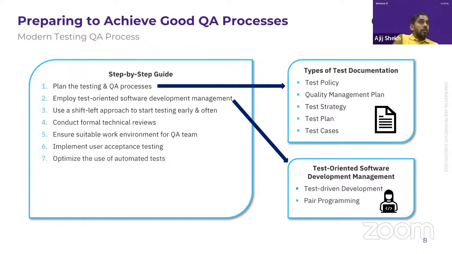Another important part is optimizing the use of automated tests. In modern QA we are working with IoT and AI, and many tools and technologies are available, for example Selenium, Katalon, and other types of tools. We can pick any automation tool and use it in our project to automate.